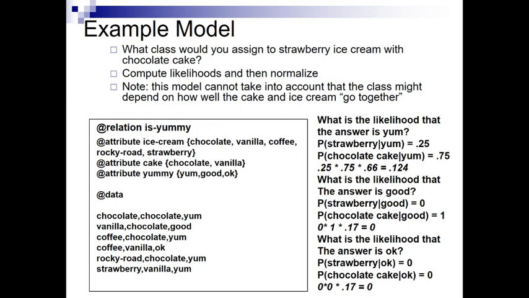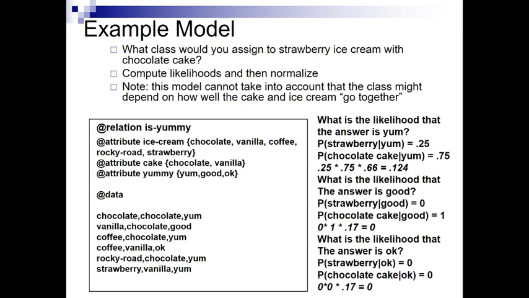So for strawberry given yum, it's 25% because a quarter of the cases that were yum had strawberry ice cream. Chocolate cake given yum is 75% because 75% of the yum cases had chocolate cake. And 66% of the data points were of the yum class, so we can compute the likelihood by multiplying our two conditional probabilities by that prior probability per class.